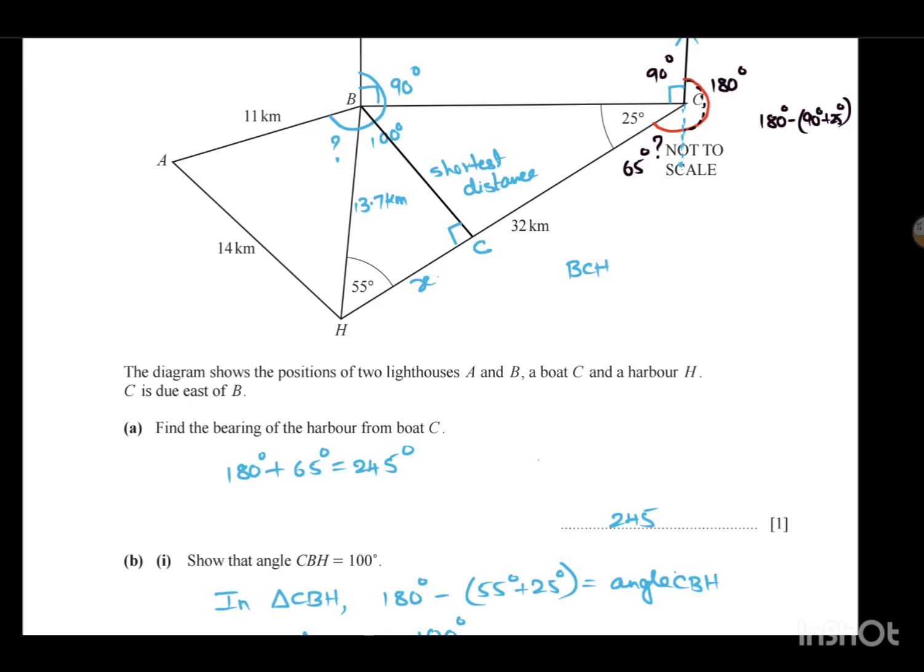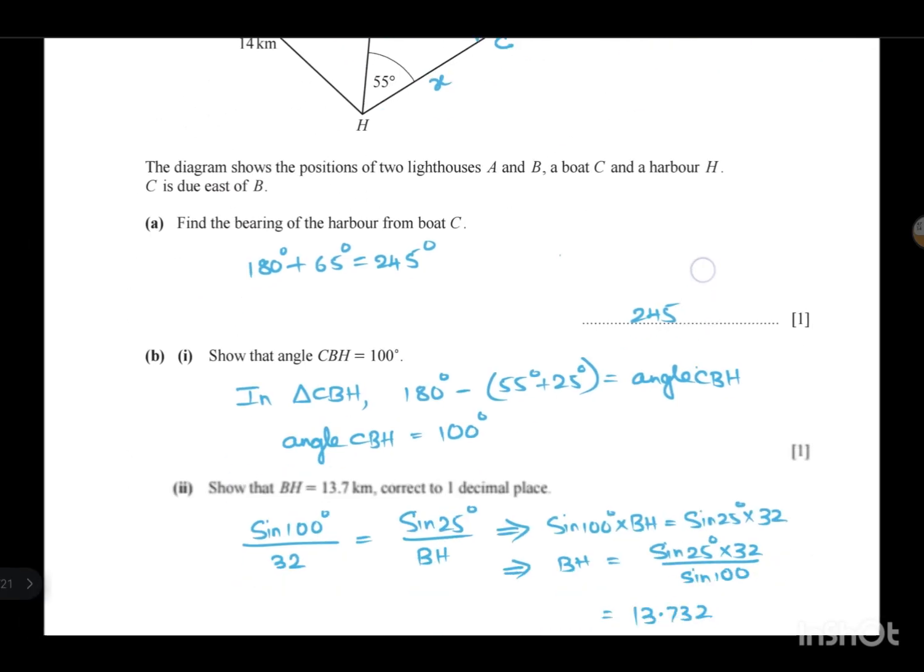Sorry, this is the hypotenuse, because it's opposite the 90 degrees. The opposite of the right angle will be the hypotenuse. So 13.7 is the hypotenuse. We need to find the adjacent side, this one. Let us take it as x.